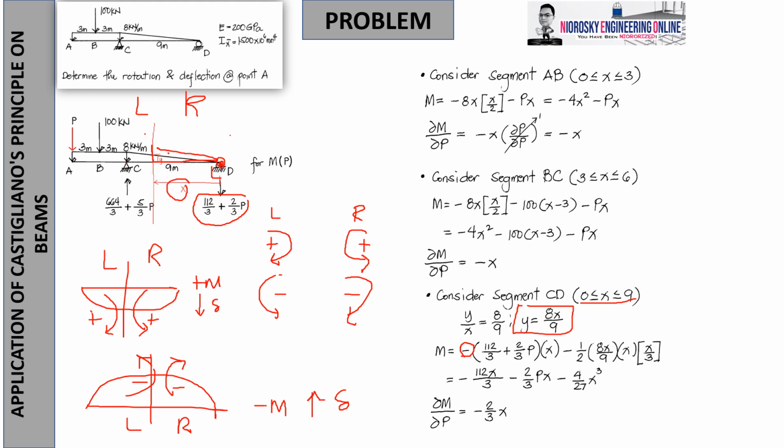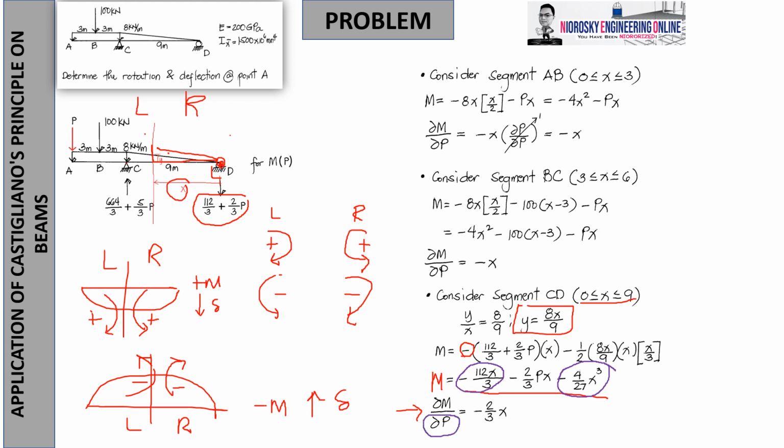So we'll find out that m is negative, upon simplification, negative 112x over 3 minus 2/3 of px minus 4 over 27x cubed. Again, doing partial derivative, you can notice that the negative 112x over 3 and the negative 4 over 27x cubed will be constants to our solution. Even though there is an x, don't forget, it's partial derivative with respect to p.